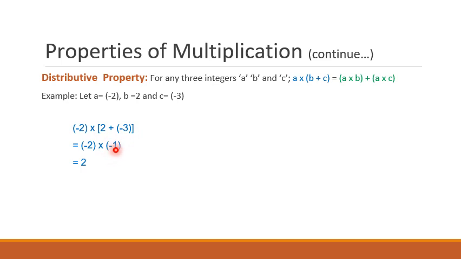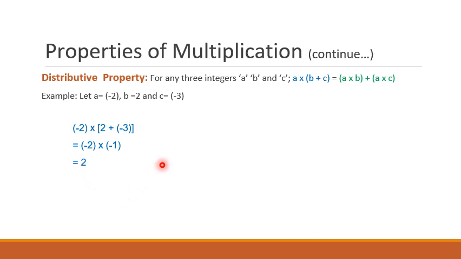The answer is 1 with a negative sign as the bigger number 3 is minus. So now what I am left with? Minus 2 multiplied by minus 1. Here you can see both the integers are negative. So negative multiplied to negative gives me positive. So the answer is a positive 2.